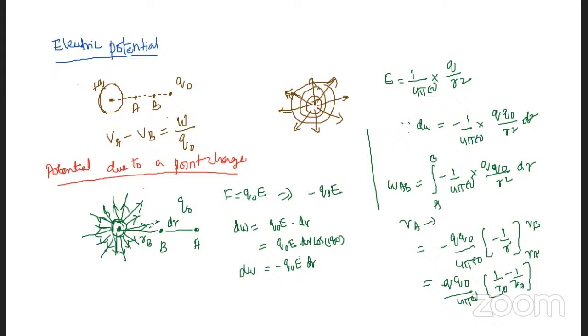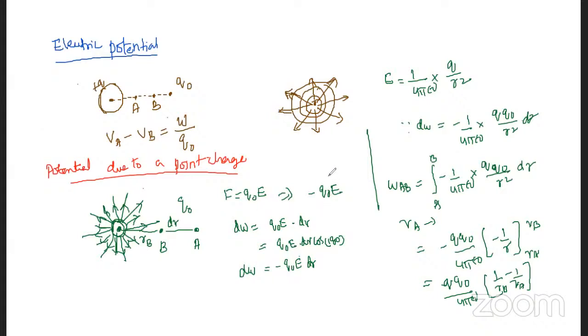So we have taken a unit positive charge Q naught, and we have taken a point B. What we have to do is move this charge within the field against the force. When we are moving against the force, it will be minus. So against the field we have to apply the force.